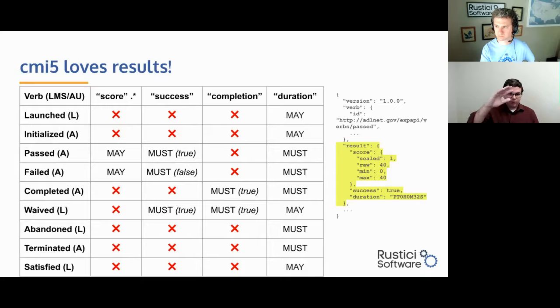So again, you see the verb workflow on the left. You see which ones are generated by the LMS and which ones are generated by the AU. And you see that both the LMS and the AU at times get to use these result fields, whether it's success, the passed or failed situation. Passed has to have a true success. Failed has to have a false success. So by the time you break these verbs down, you can tell exactly the story around the big four.